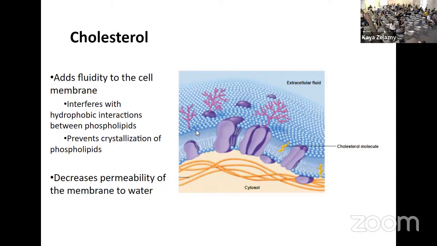Under certain conditions, if we had just phospholipids, they may crystallize, like just get stuck in place like an ice crystal, but the cholesterol molecules jam them out of the way and mess up that process, which is good. We're not going to talk all that much about the cholesterols in the membranes in this course, but you should know that they are there.